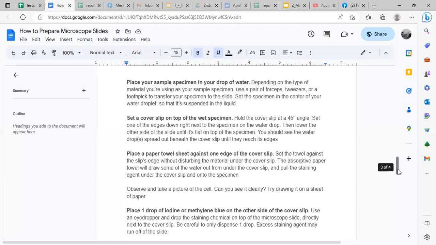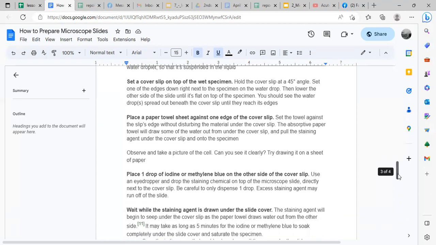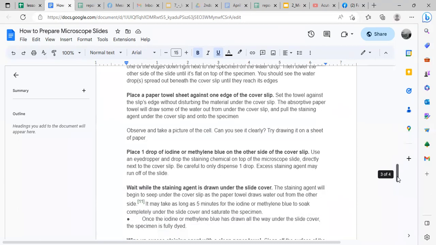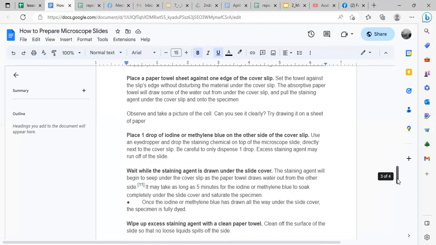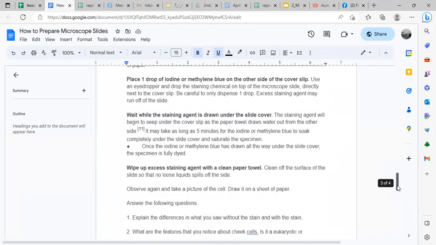And then the dye we used for this, we used methylene blue for the first experiment. Okay. Iodine will make you see the plant cell, which we did with the onion. Wait while the staining agent is drawn under the cover slip.